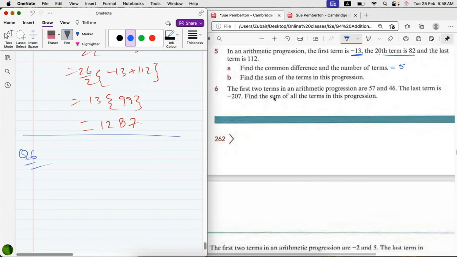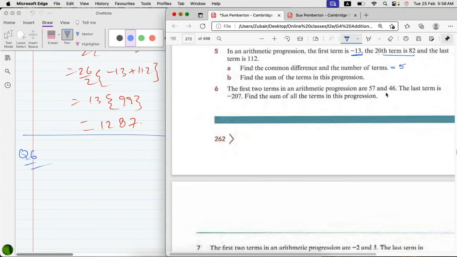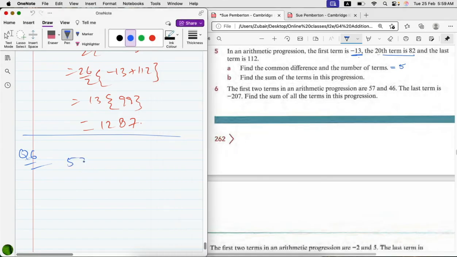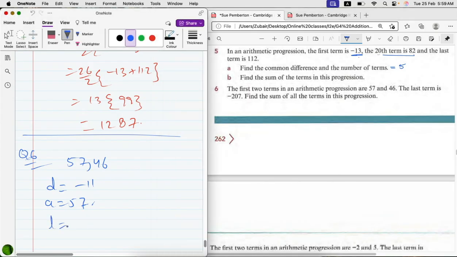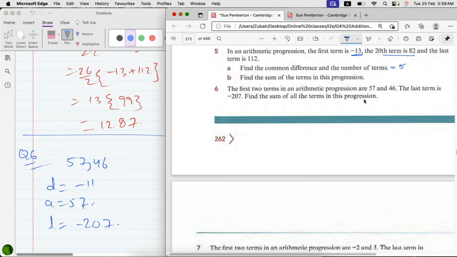Question 6. The first two terms in the arithmetic progression are 57 and 46. That would just show me that d is equal to 46 minus 57. That is negative 11. a is already 57. The last term in the progression is minus 207. Find the sum of all the terms.